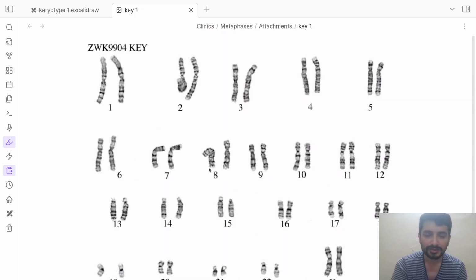But the beauty is that on a single slide we'll have tons of metaphases. So if you're having a doubt regarding the nature or abnormality of one chromosome in one metaphase spread, you can always go to another metaphase spread and check out the chromosomes over there.